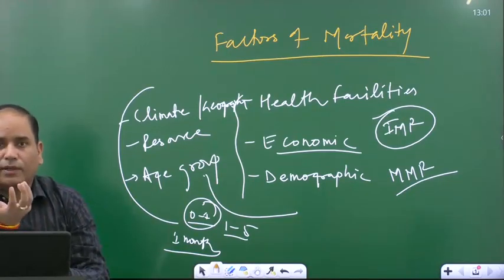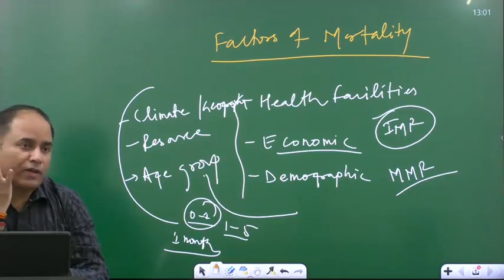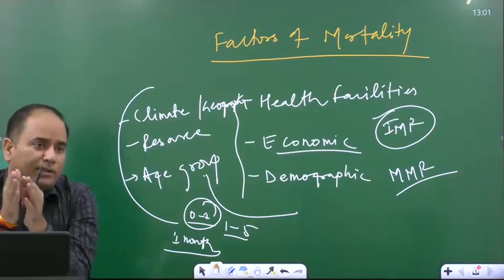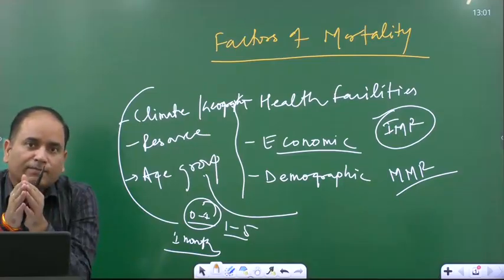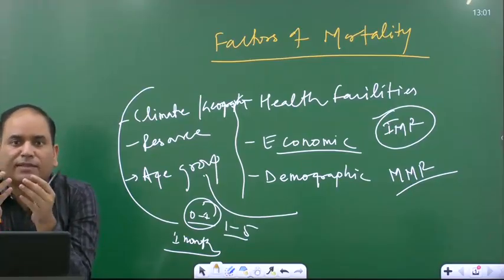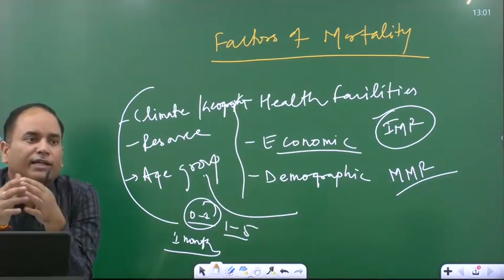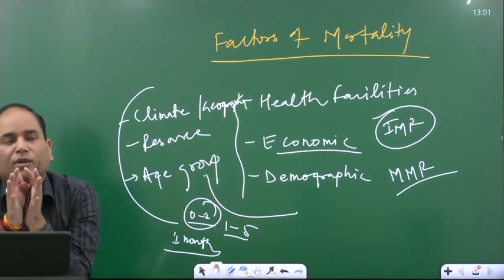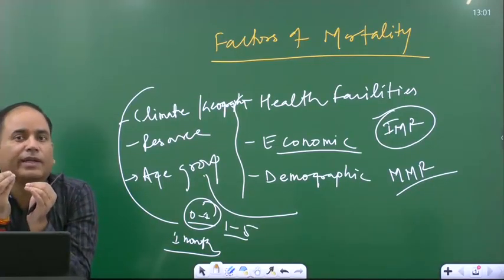Because delivery is a very natural phenomenon. So delivery की वजह से death नहीं होती. Most of the deaths are post-delivery complications, where the nursing staff or the one who is doing that is not efficient, trained. So that is why in general you will find that MMR is very high.